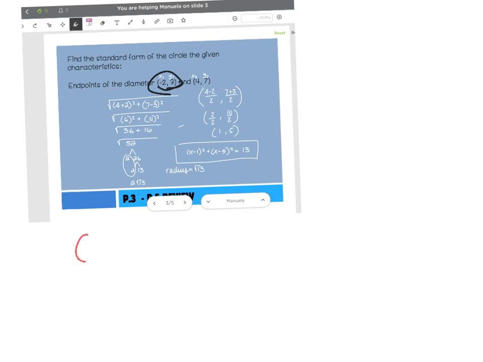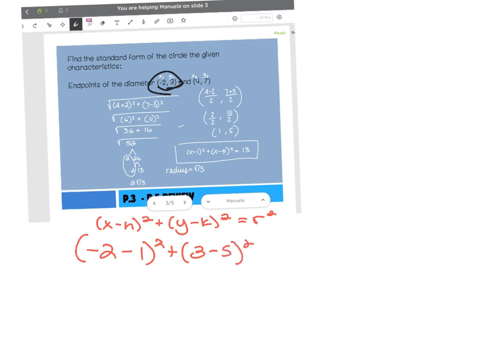The x would have been -2, so it's x minus h squared plus y minus k squared equals r squared. So -2 minus 1, which is the h, squared plus y, which is 3, minus k, which is 5, squared would equal r squared. -3 squared plus -2 squared, 9 plus 4, which is 13, is your radius squared.